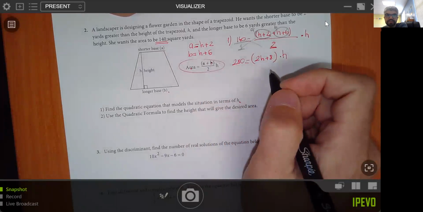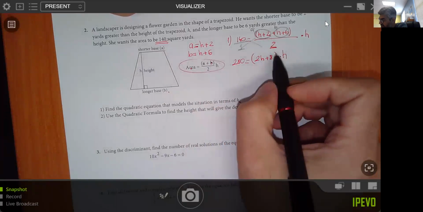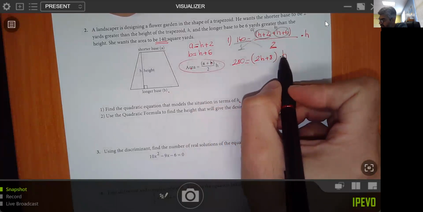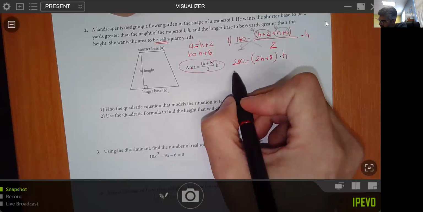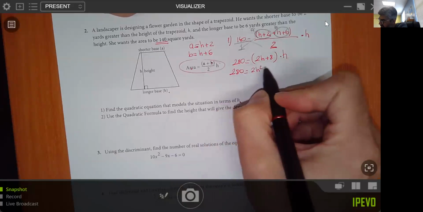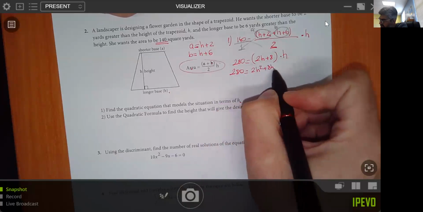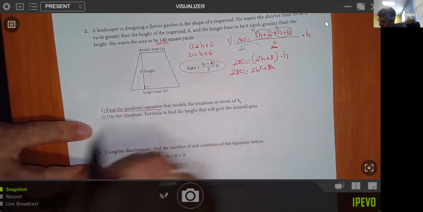All right? And, well, I have to multiply 2h plus 8 by h, distributive property. 280 is 2h squared plus 8h. It says find the quadratic equation.